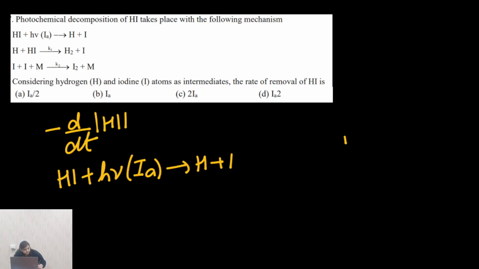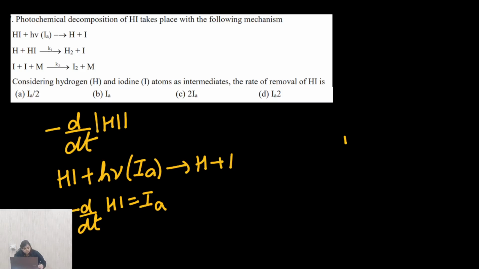If you write the rate expression for this, minus d by dt of HI will be equal to IA, that is the intensity absorbed, which is given to us. So this is going to be the rate for this.